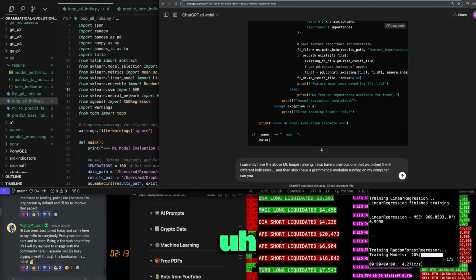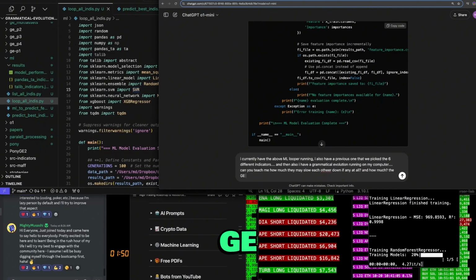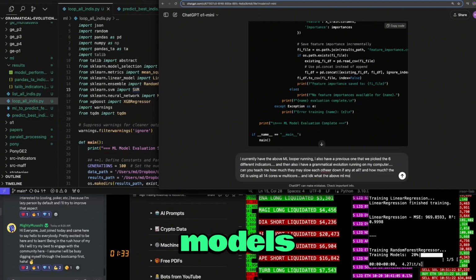Can you teach me how much they may slow each other down, if any at all, and how much the GE is using all 14 cores with multi core. And I don't know what the above ML models use.